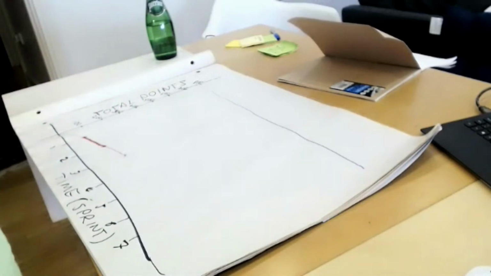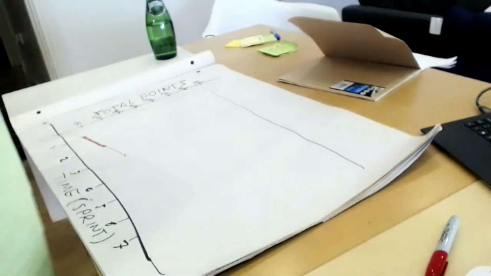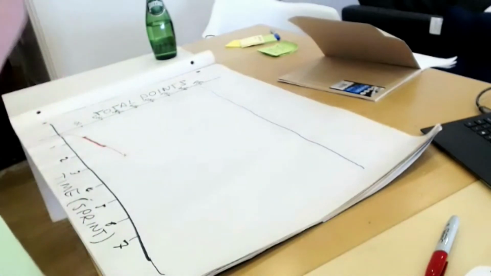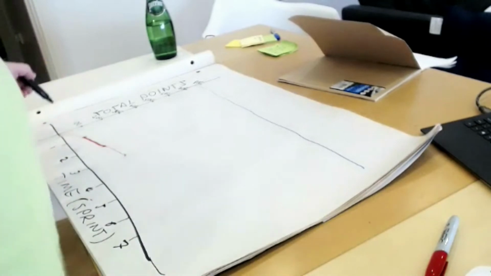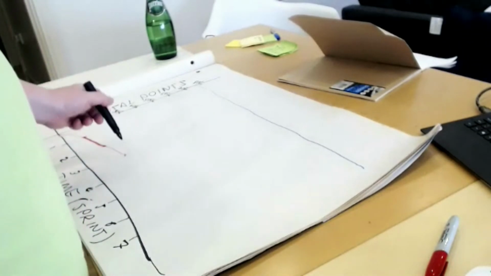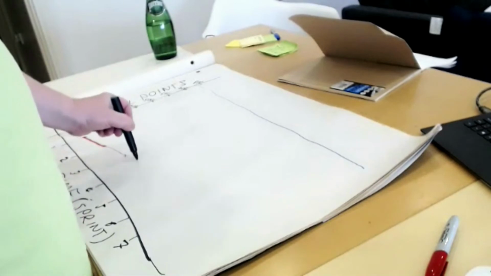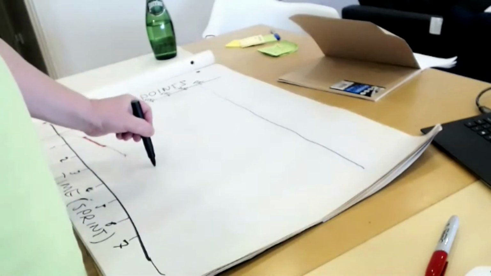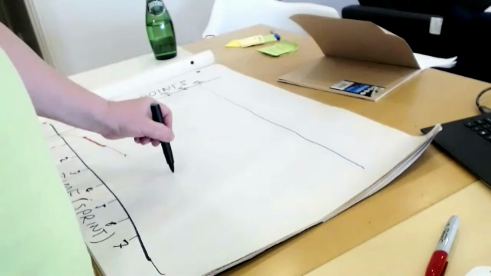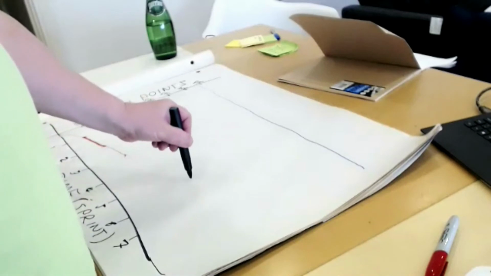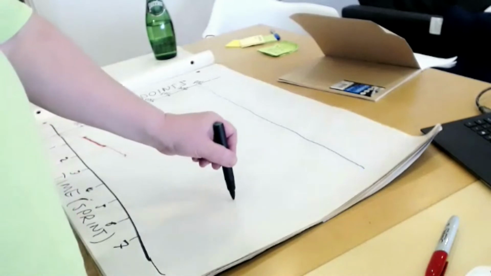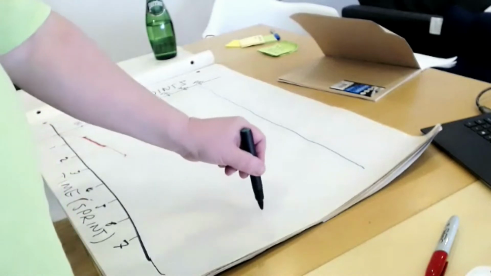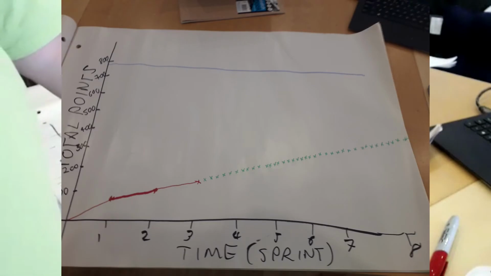And then what we can also start to do is to mark in the final line, which is, given this line here, where do we think we're going? So this is the predicted line. How long it will take us to do all of the work in the backlog.